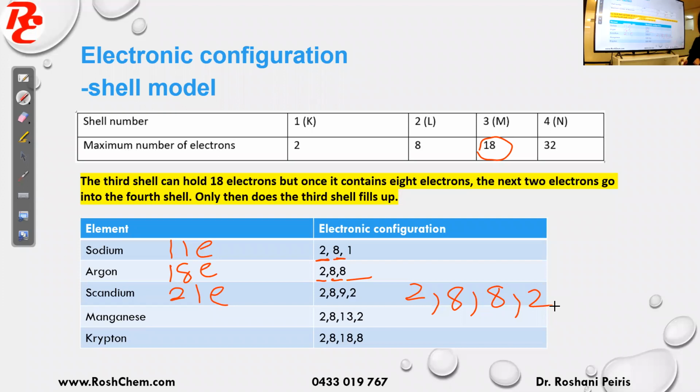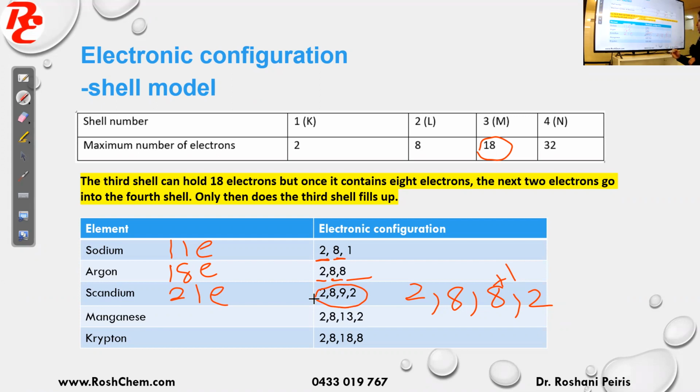To make it 21, I have to come back and fill the third energy level, so I put another 1 electron into the third level. That's why scandium is 2, 8, 9, 2. I have 2, 8, then 8 and the other 1 electron, plus 2 electrons from the fourth shell. So that makes it 2, 8, 9, 2.